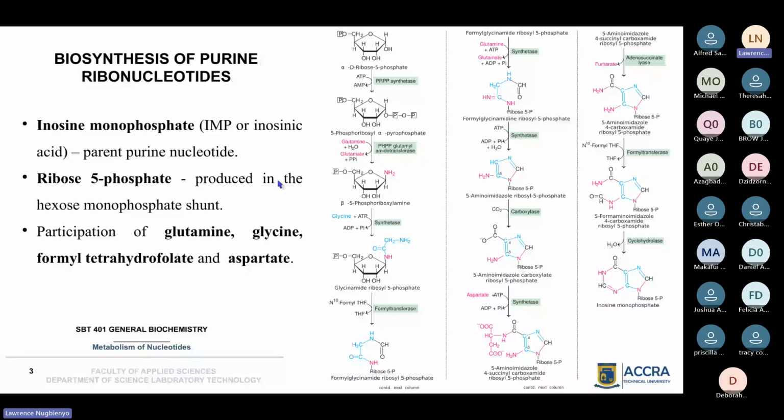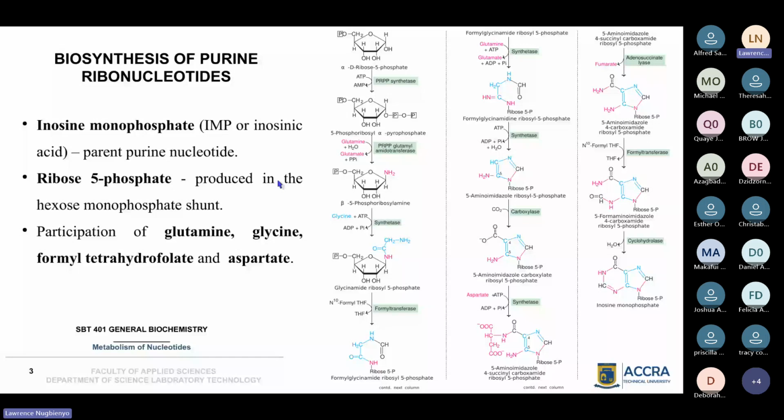The deoxyribonucleotides are those that go into the synthesis of deoxyribonucleic acid, DNA. Now we are looking at the biosynthesis of the ribonucleotides. These are the ones that will go into the synthesis of RNA. And then we'll also look at how the deoxyribonucleotides are synthesized.